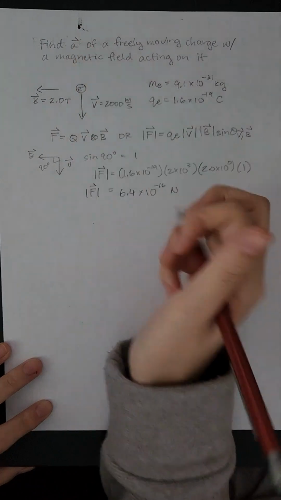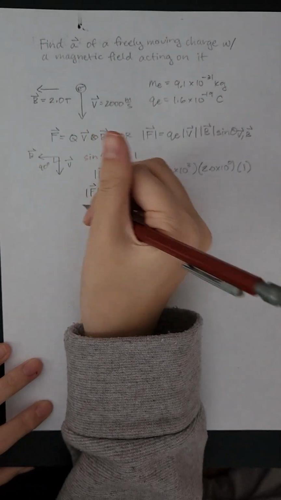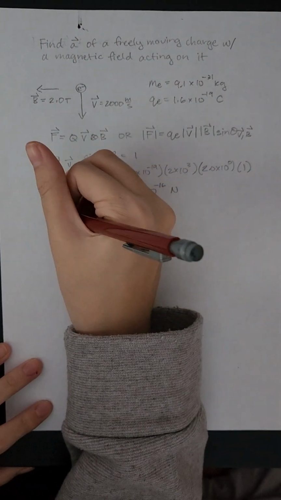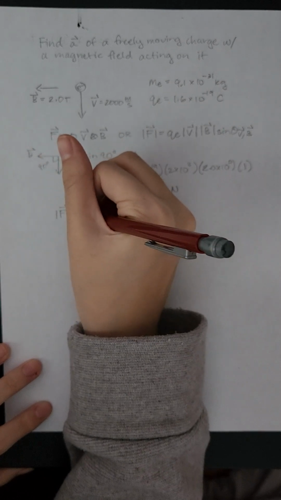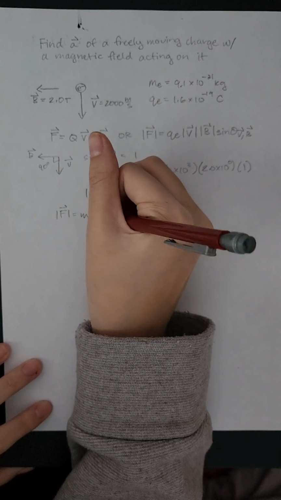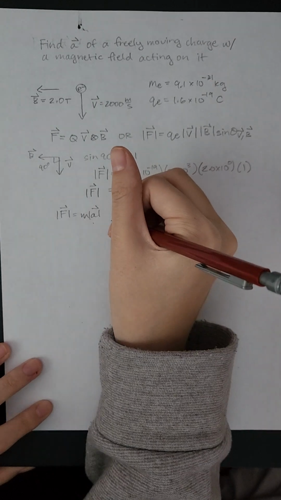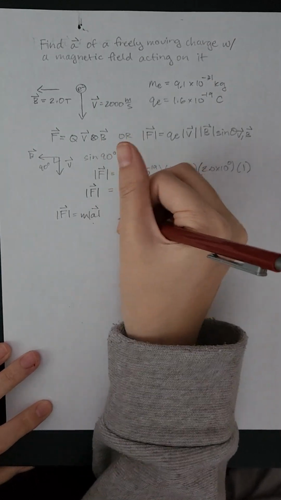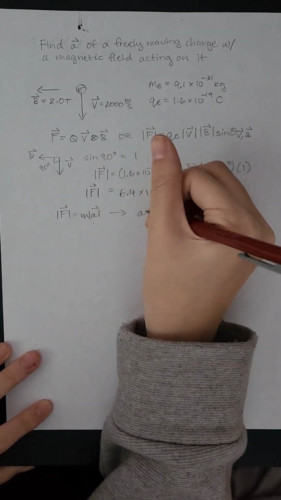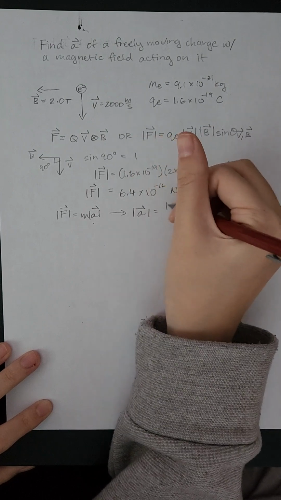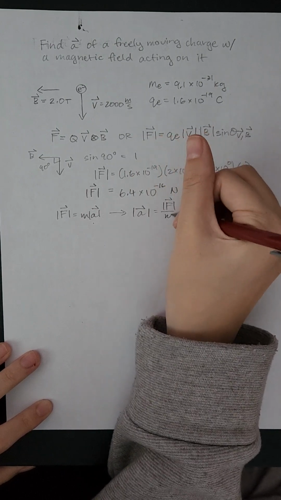Now to find the acceleration, we relate that to Newton's second law, where force is equal to ma. And we can rewrite this as the magnitude of a is equal to the magnitude of F over m.